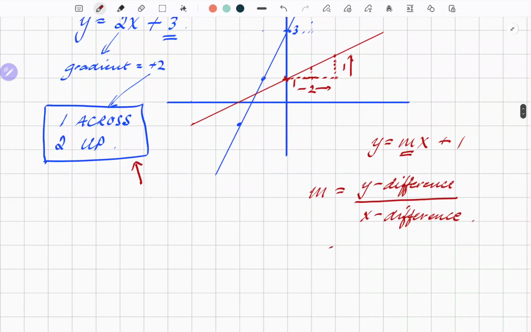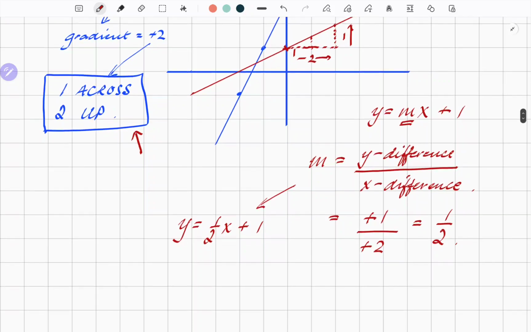So in this particular case, the y difference, in other words, how far up or down we've gone, is +1. So we've gone up 1, and how far across we've gone is +2. So the gradient in this example turns out to be 1/2. Therefore, the equation of the line, this red one, is 1/2 x plus 1.